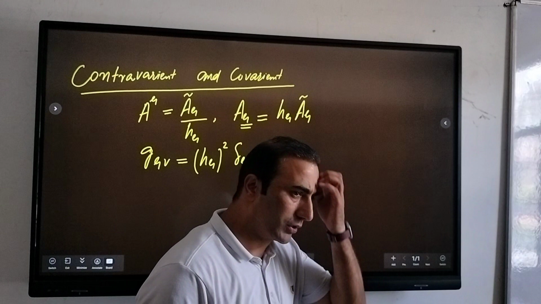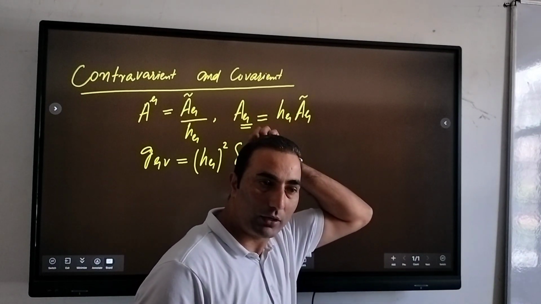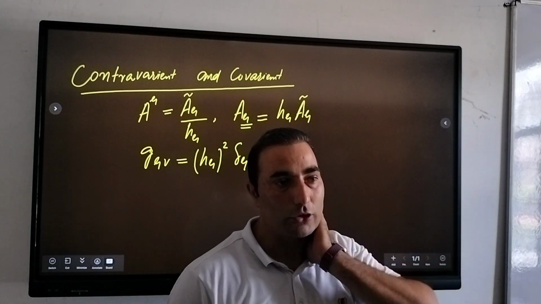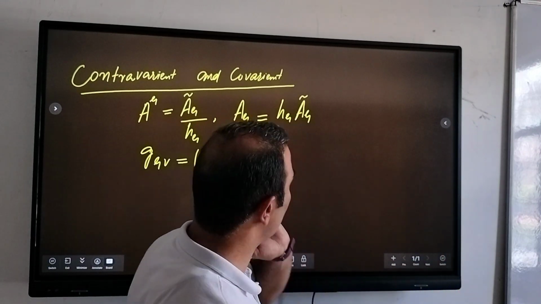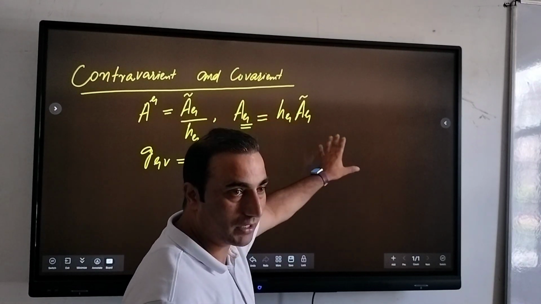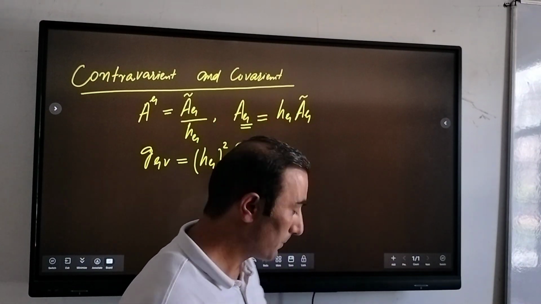Why am I doing this? When we write the contravariant and covariant, they should remain invariant and they should have the dimension of length, right? That's why I'm dividing here and multiplying by the length element.